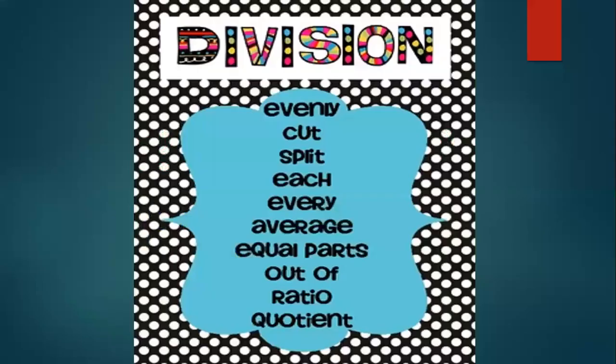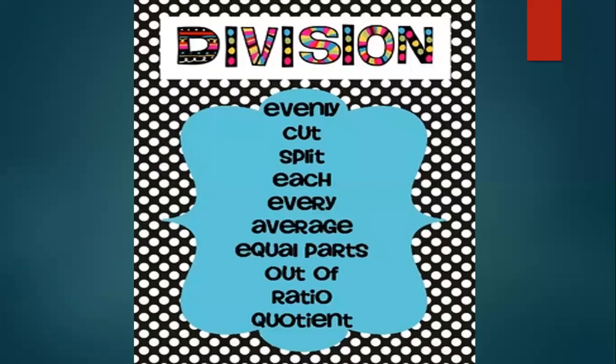So there are keywords for division as well. When you see these keywords in a problem, it means that you are going to divide to find the solution. The first word is evenly. Evenly means equally. So when you are going to divide something equally, it means you are going to do a division operation.